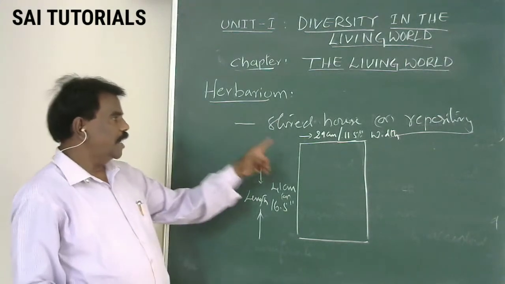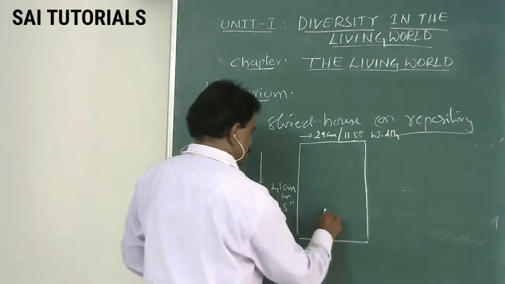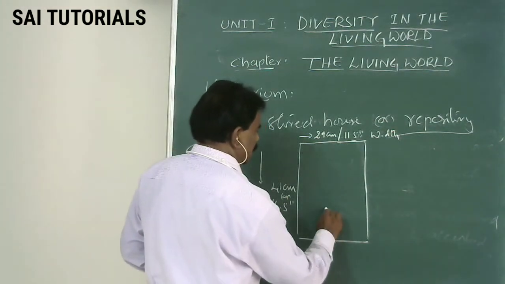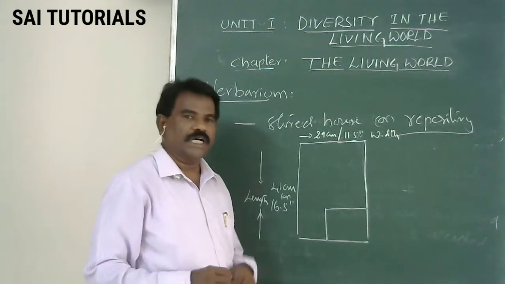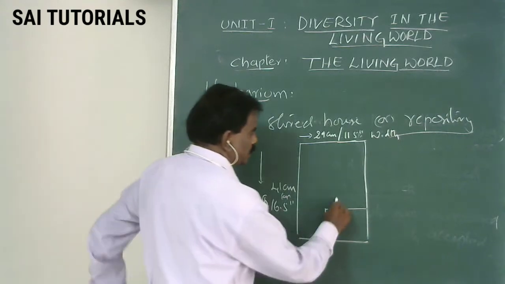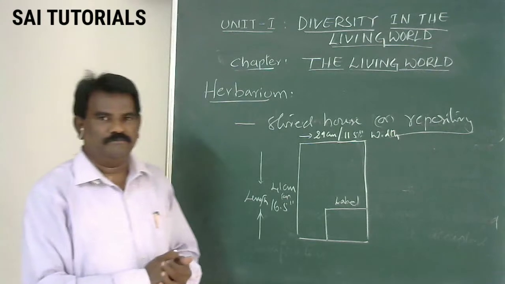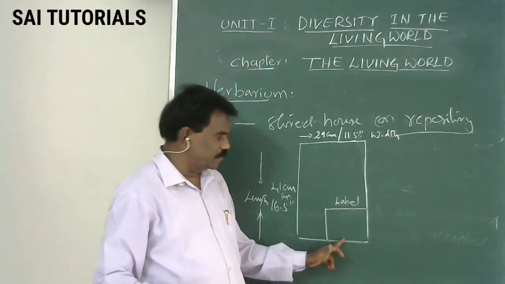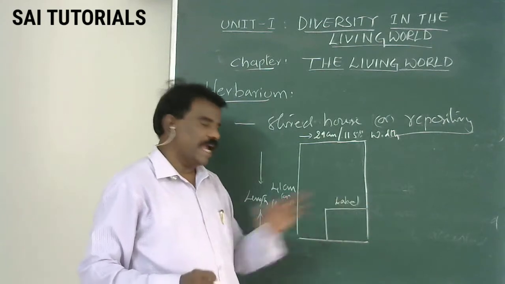The herbarium sheets also have labels. The label is present at the bottom of the herbarium sheet towards the right hand side.